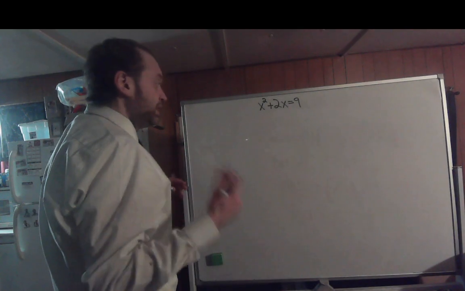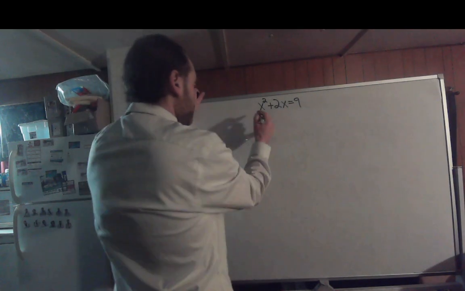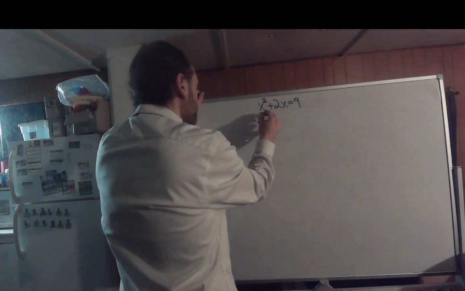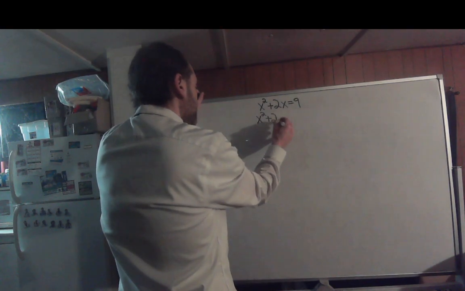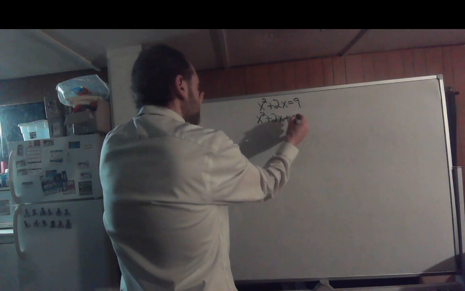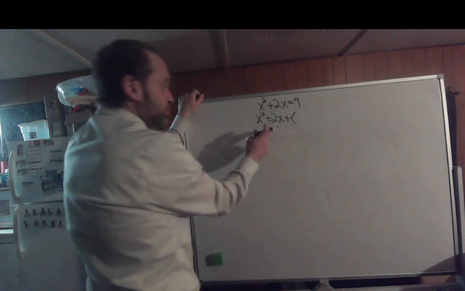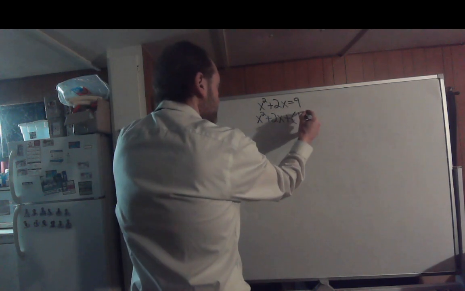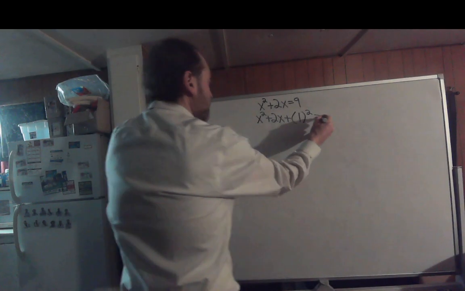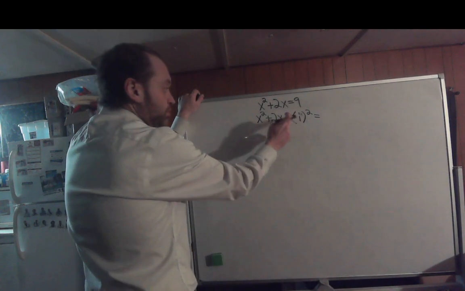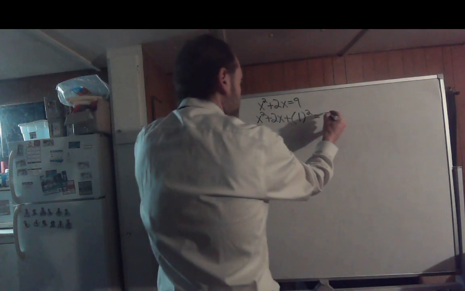Okay, so to complete the square, of course you're going to keep your x squared plus your 2x, plus you'll take half of your coefficient on the x of the first term, which is half of 2, which is 1, raise that to the second power, and add it to the left side, but you also have to do that to the right-hand side.